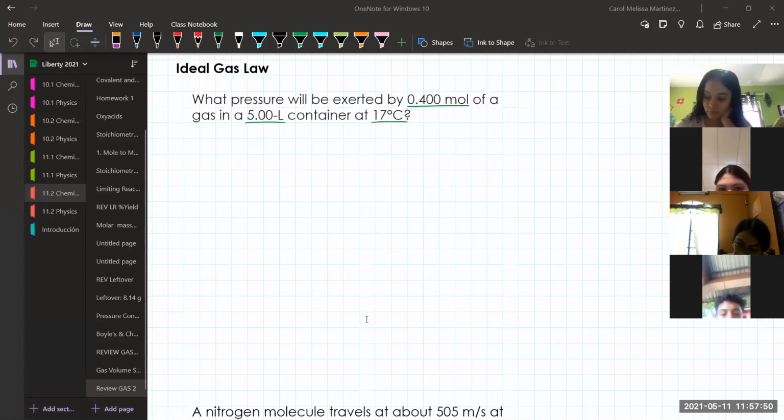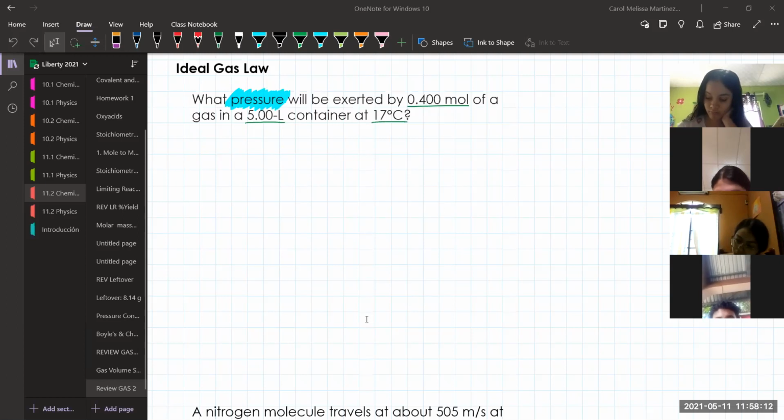Now in this problem, it says, what pressure will be exerted by 0.4 moles of a gas in a 5 liters container at 17 degrees Celsius.